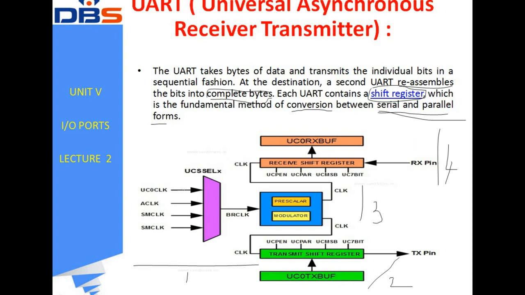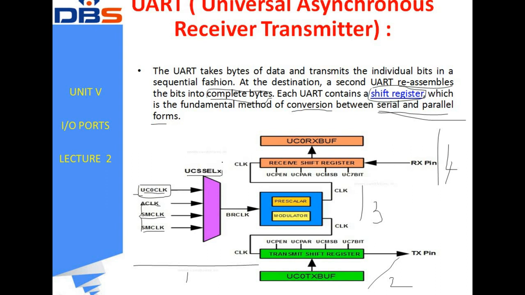In this clock section we have 4 input clocks: UCLK, SMCLK and ACLK. As we all know, SMCLK and ACLK are the input clocks, and this UC0CLK is an external clock. So this is an external clock input. BRCLK is the baud rate clock, coming here.